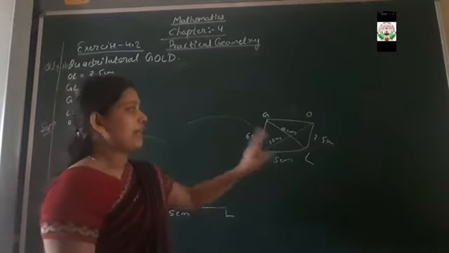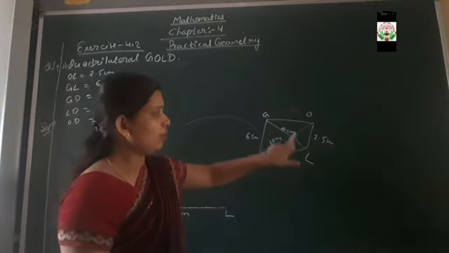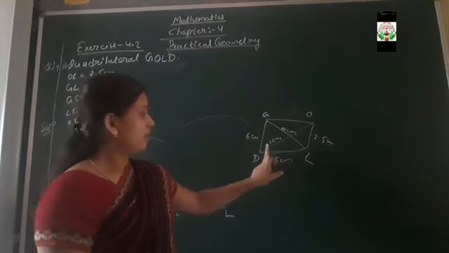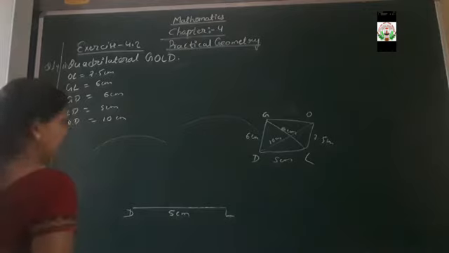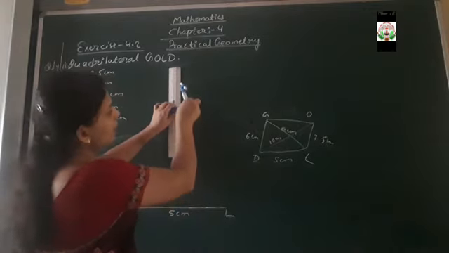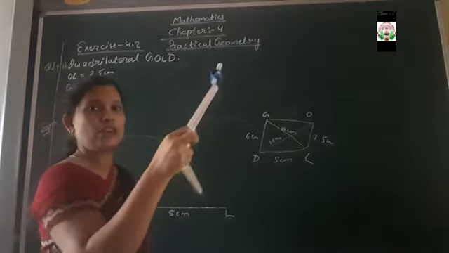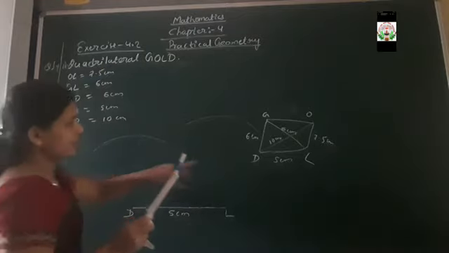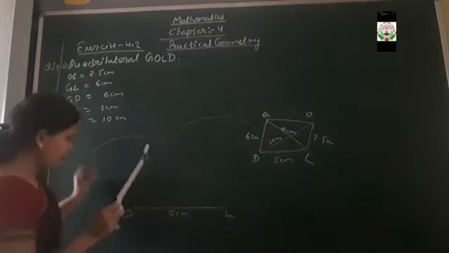After this, we are having the diagonals, isn't it? First diagonal is GL, whose measurement is 6 centimeter, and another diagonal is DO, whose measurement is 10 centimeter. So repeating the same process, keep the needle on the scale 0, stretching the pencil part up to 10 centimeter. Okay, then removing the scale, on the mouth of your rounder having 10 centimeter distance, keeping that needle since DO is equal to 10 centimeter.